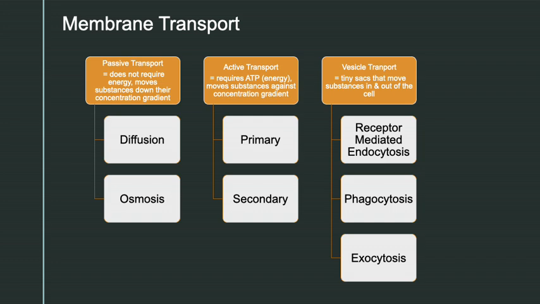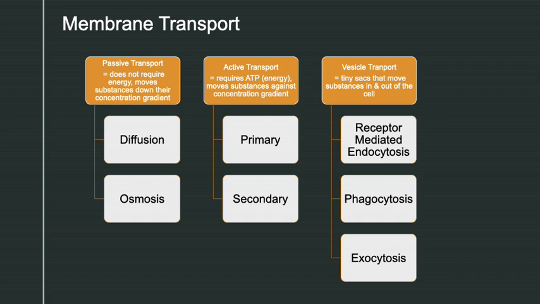So the first one we see is our passive transport. Passive transport does not require any energy, and it's going to move substances down their concentration gradient, again, from that high to low concentration. We're going to look at 2 types of passive transport, diffusion and osmosis. We can also have something called active transport that requires ATP or energy, and this moves substances against its concentration gradient.